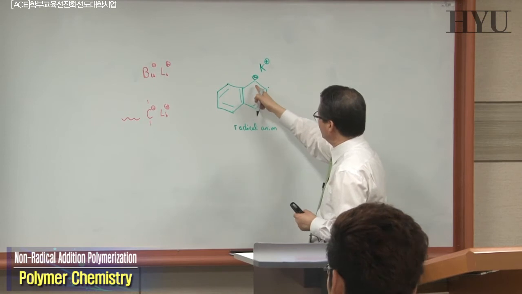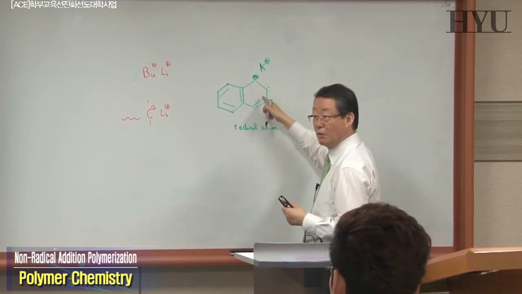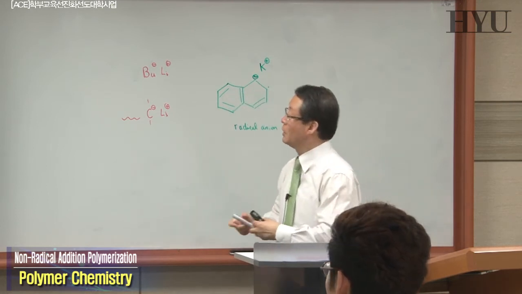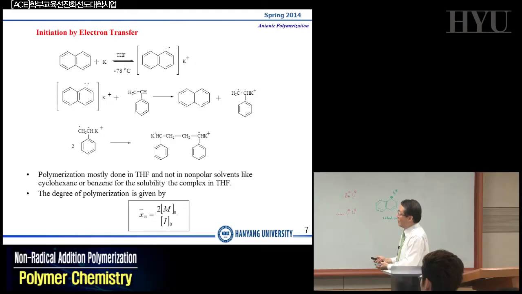That means you have an anion and a radical present together in one naphthalene unit containing the potassium. This radical anion will attack this monomer, and one of these electrons will be added to it.